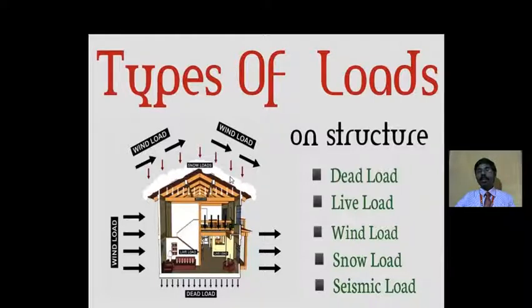Dead load is the self weight of the structure, which includes the self weight of the beam, column, slab, wall and the non-living things that we have placed in the structures. And then live load. The live load indicates the moving loads like human beings.